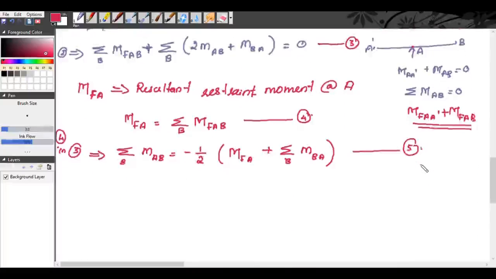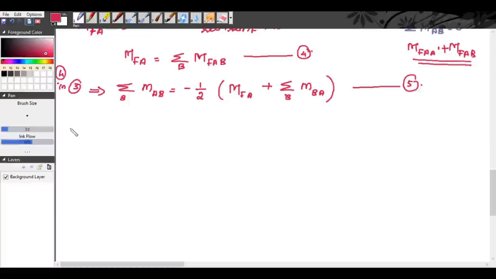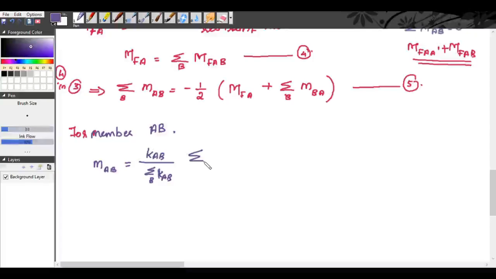Therefore, for the member AB, the rotational component MAB becomes KAB by sigma B KAB, which is nothing but the distribution factor, into the summation of MAB.